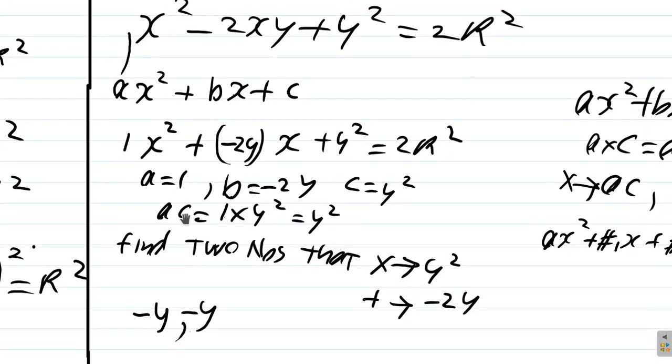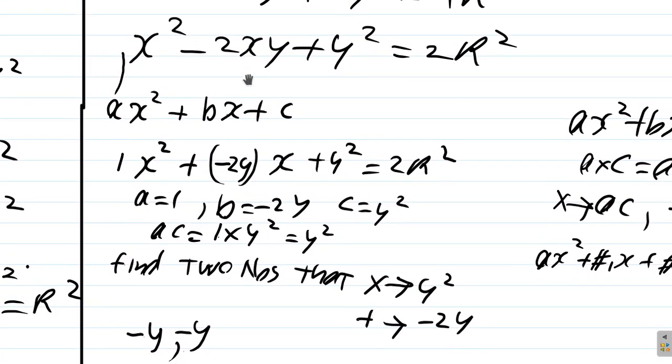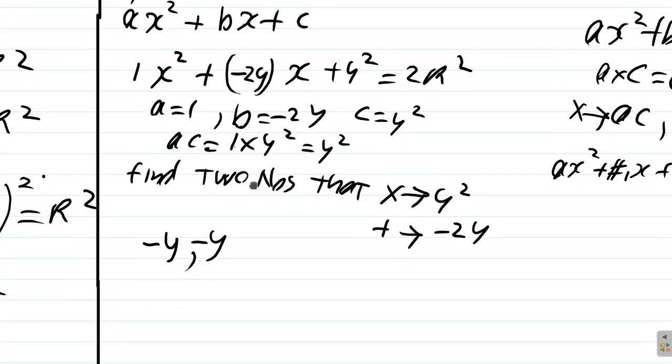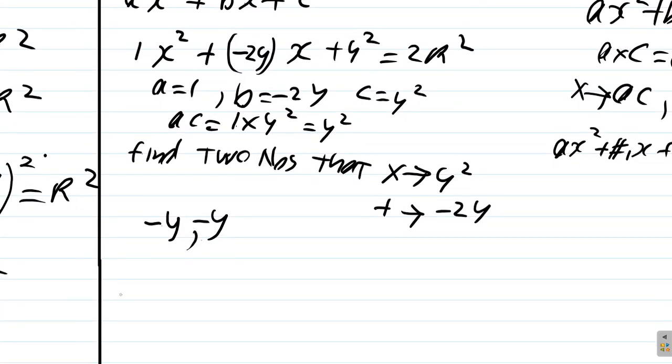Good. So now that we have found the numbers, we will split up the middle part into those numbers. So you have 1x squared minus y minus y. Minus yx. Let's put the x there in front. Minus xy.